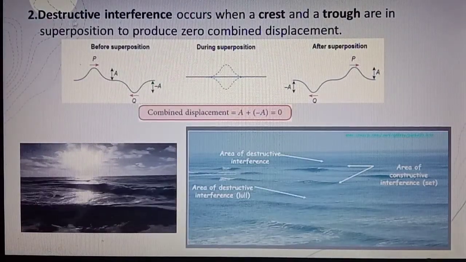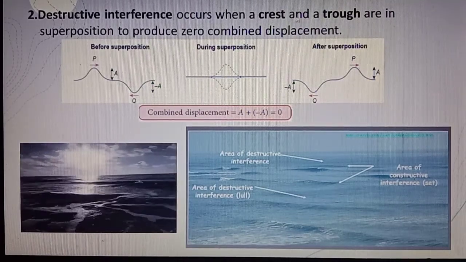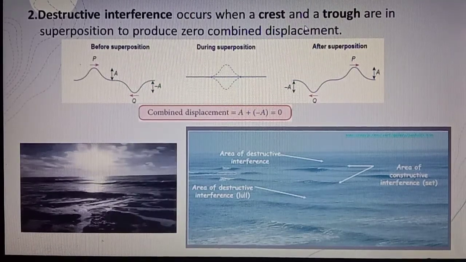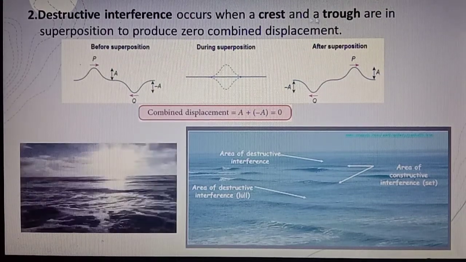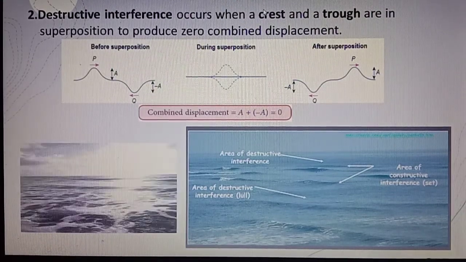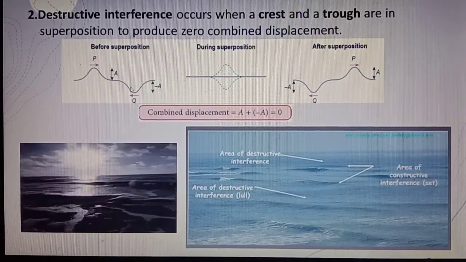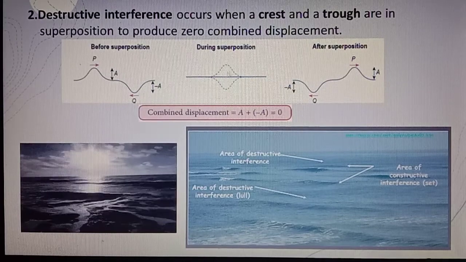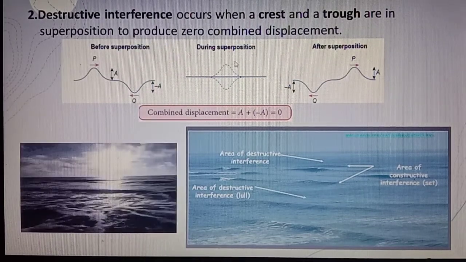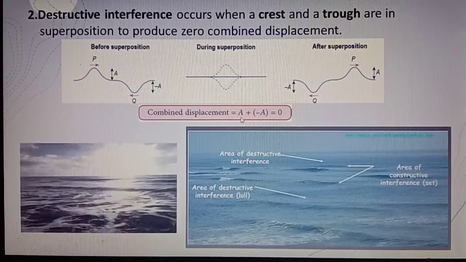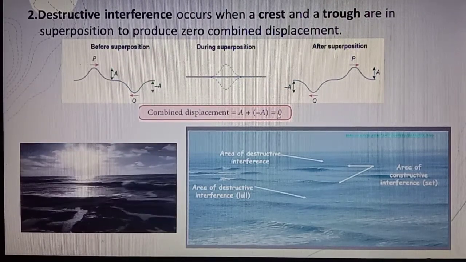The next one is destructive interference. Let's say when the two waves are at a constant phase difference, they are not in the same phase, like crest and trough. When crest and trough meet, you can see what happened. This is crest, this is trough. When the crest and trough meet, it will produce a combined displacement equal to A plus negative A, so equals 0.